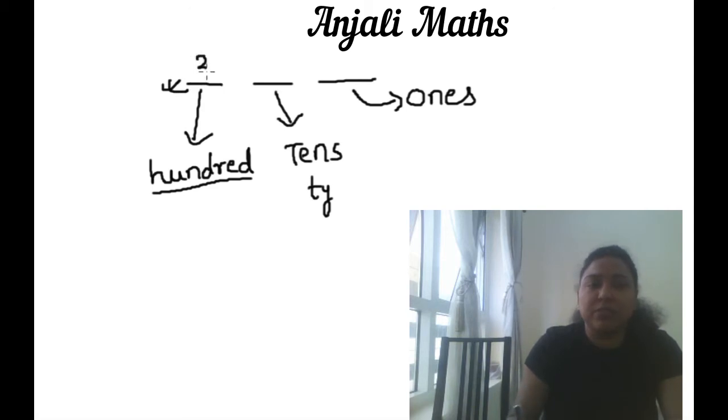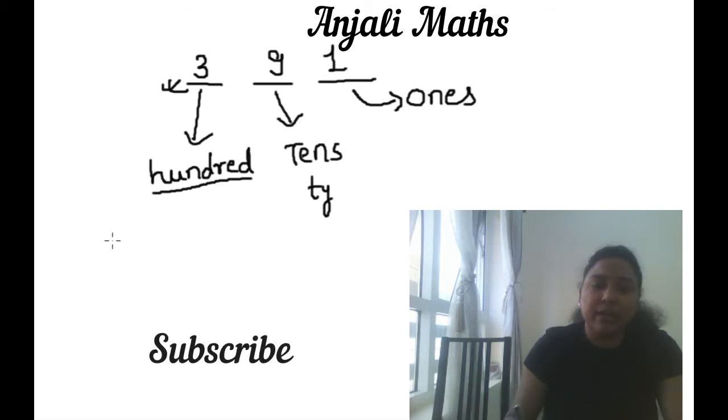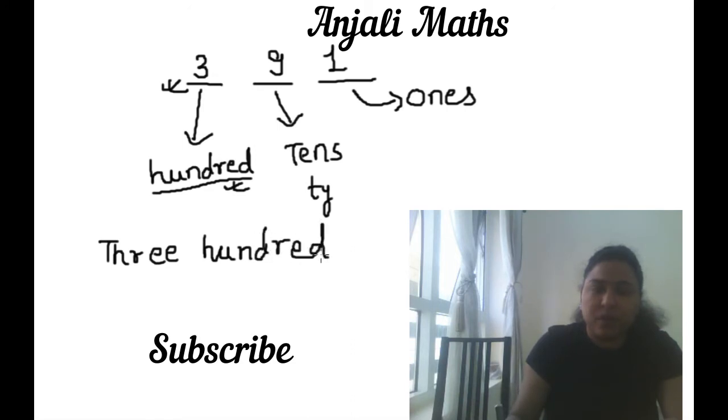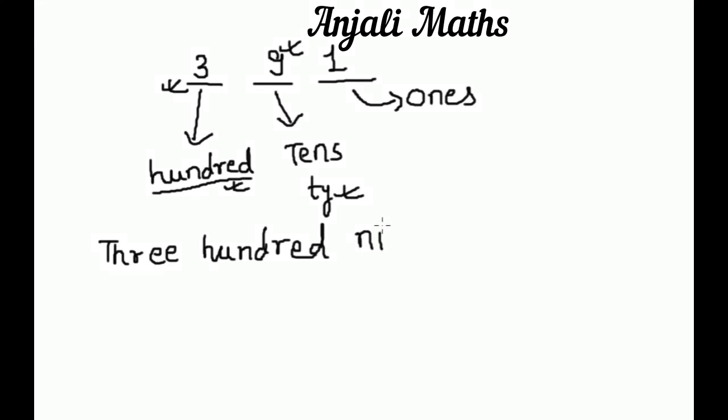For example, if this is 391, then we will write 3, we will add 100, now come to the second one, 9, so we will add ty, 90, and we will write 1 as it is, 91.